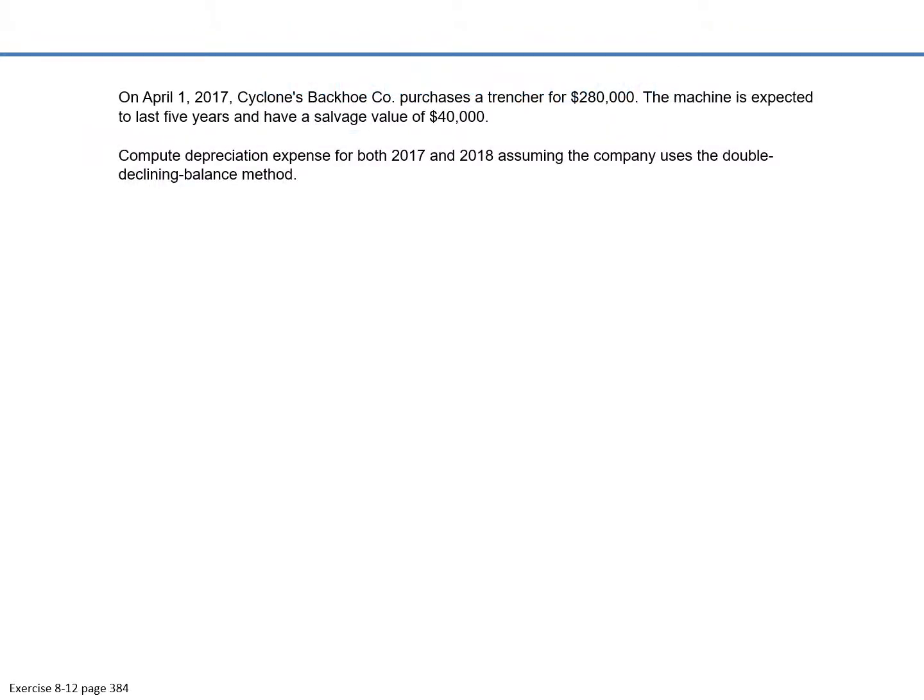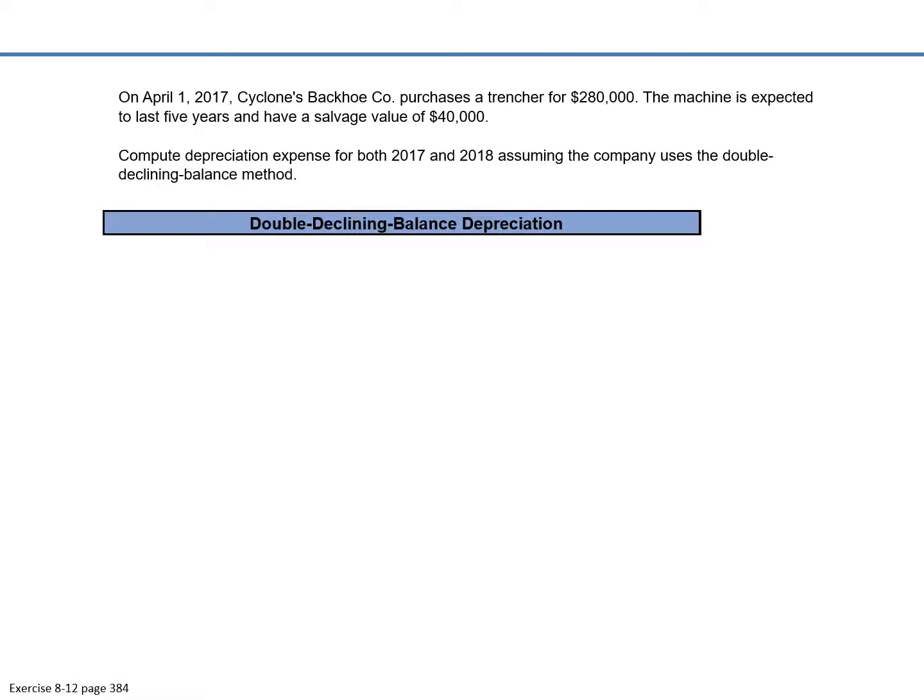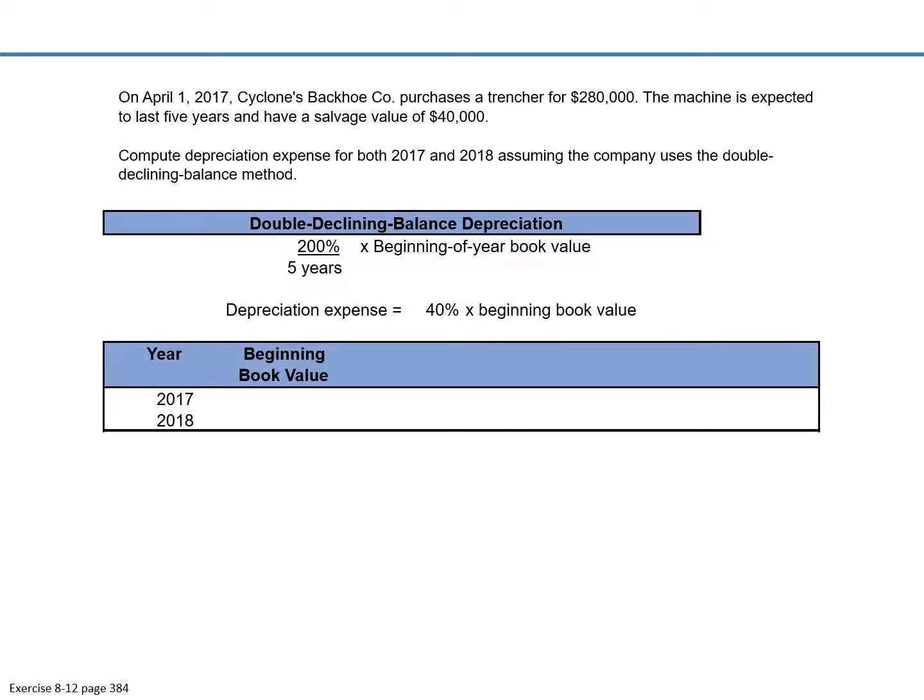Exercise 812. On April 1st, Cyclone's Backhoe Company purchased a trencher for $280,000. It's expected to have a 5-year life and a salvage value of $40,000. Compute the depreciation for both years using double declining balance. So 200% divided by 5 years times beginning of the year book value, 40% times book value.